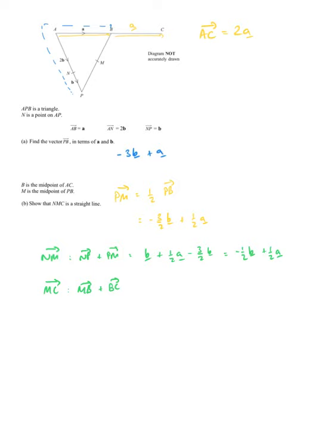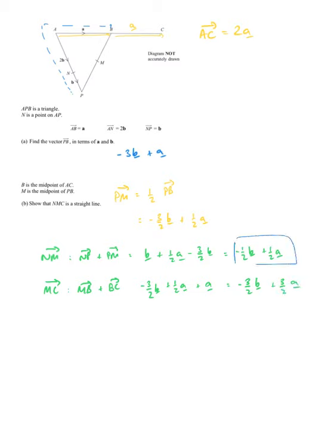Now I know I haven't officially found out MB anywhere, but if M is the midpoint of PB, PM is going to be the same as MB. Now, PM is minus 3/2B plus a half A, so that's going to be the same for MB, and then plus another A for BC, and that gives me minus 3/2B plus 3/2A.